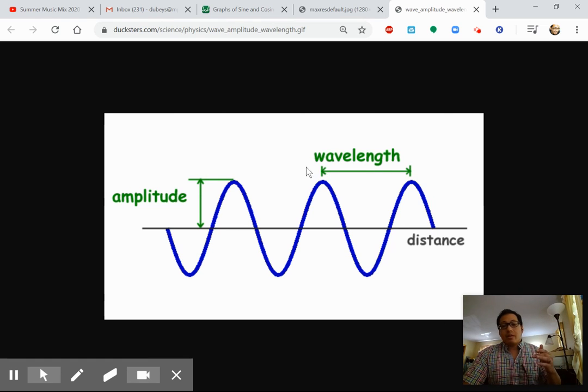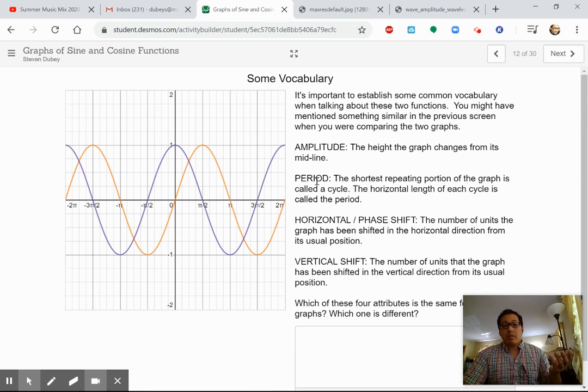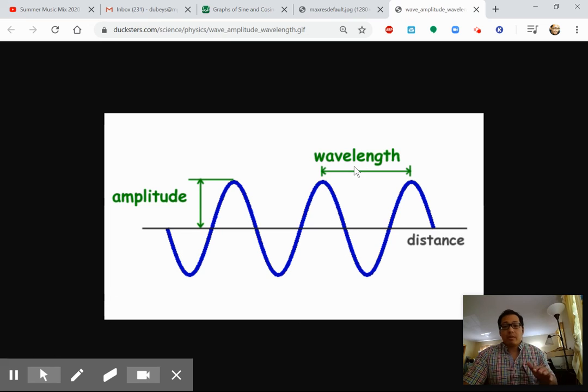And then there's another thing called the wavelength, or in here I called it the period. Same thing, wavelength, period. It's the distance in the horizontal, the x direction, of one cycle. How long is the cycle? That's called the period or the wavelength.